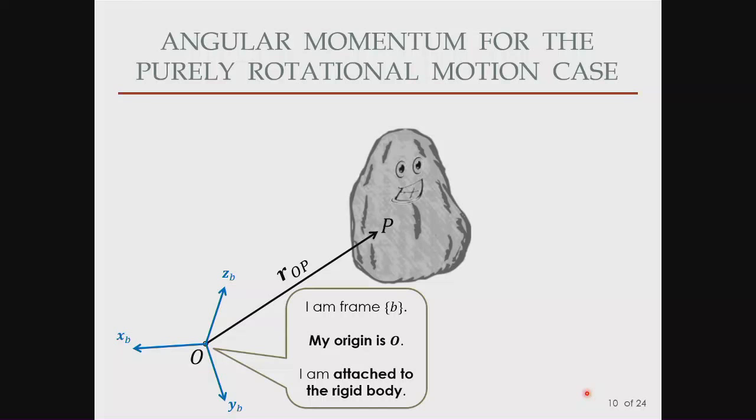So this frame B moves together with the rigid body, okay? Its orientation changes together with the rigid body. Can you see my hands? Yeah, okay, so like this, okay?